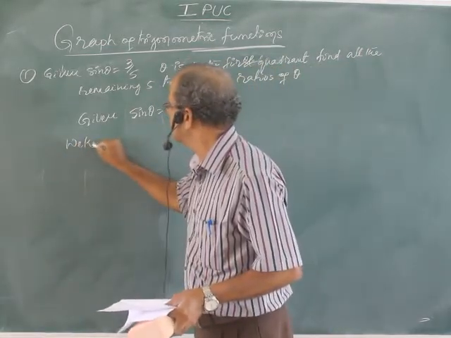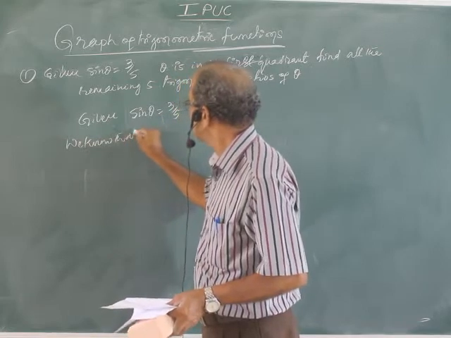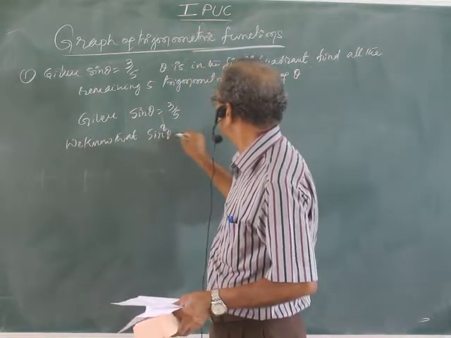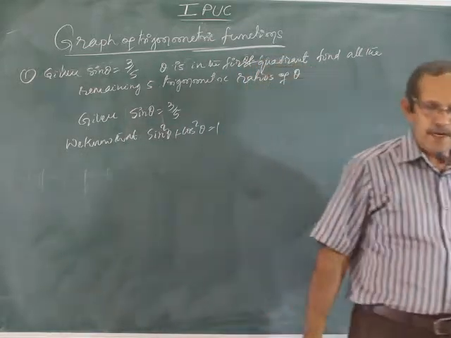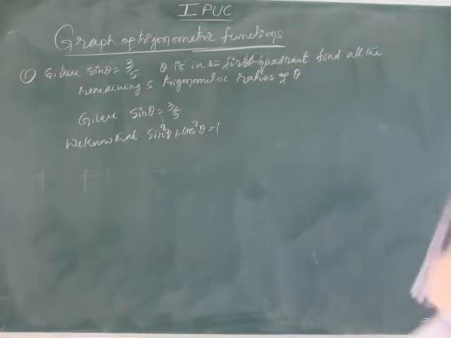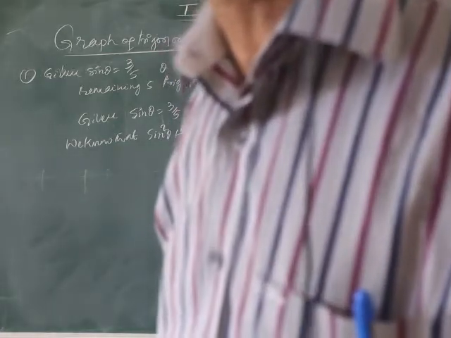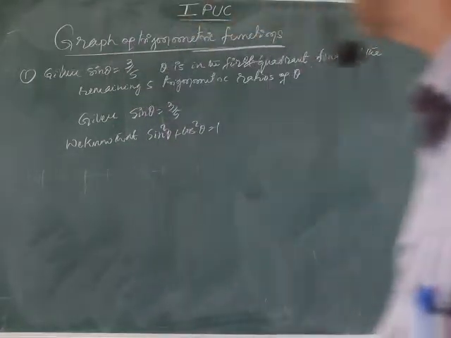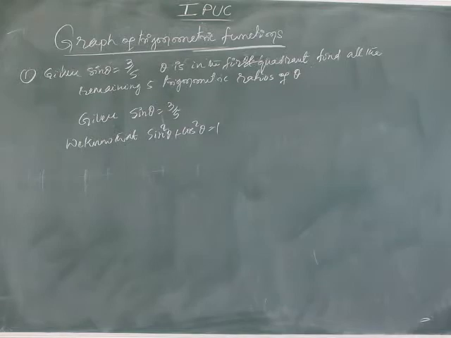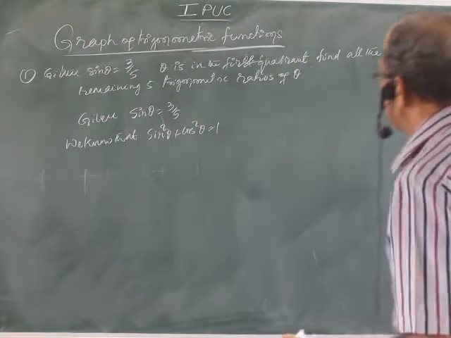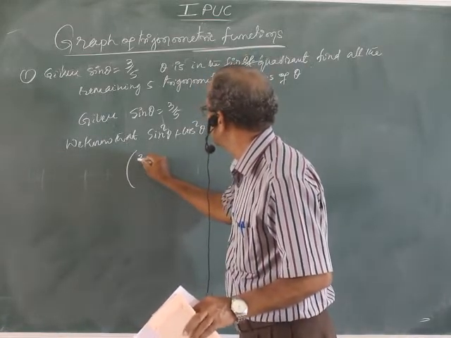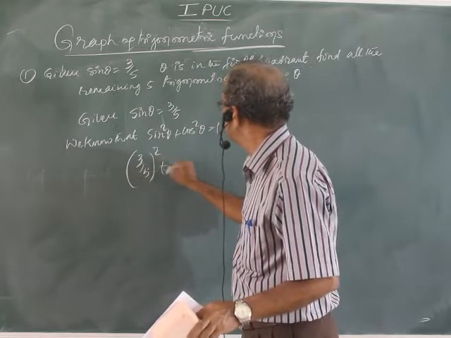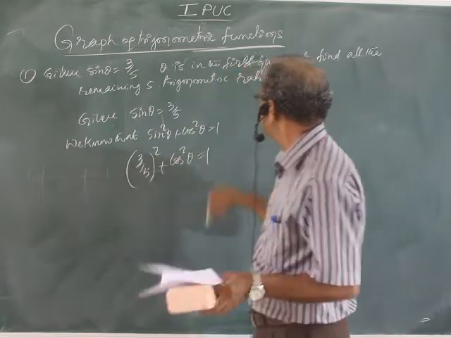Sin theta is 3 by 5, so 3 by 5 whole square plus cos square theta equal to 1.